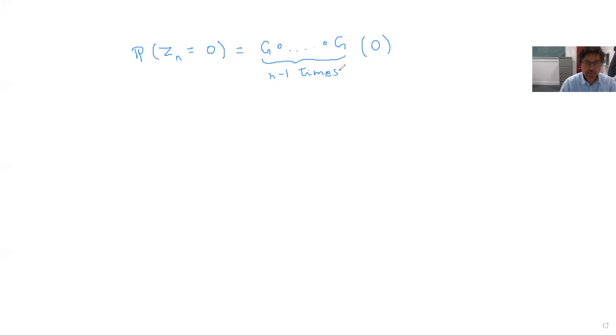Okay, so this is what we want to calculate, or more precisely, we want to calculate the limit of the left-hand side as n goes to infinity. Okay, and let me tell you what that limit is.